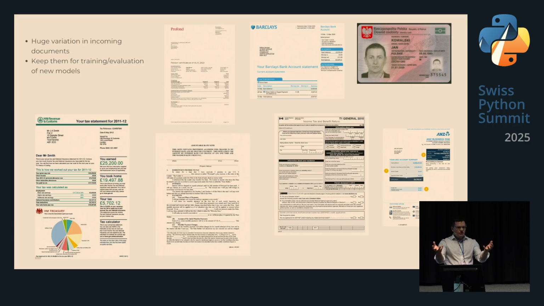So if you're ingesting all these documents, you're going to get a lot of weird and various documents from across the continent. If you're training AI models for extraction, for example, of amounts from tables and charts, you need this kind of wide range of data in order to train your extraction models. And you can't normally keep these documents because they contain PII.